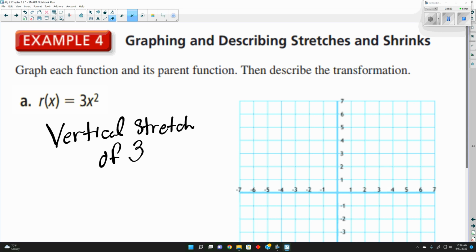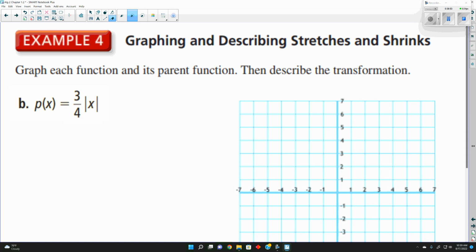Yep. It would tell us stretch or shrink. Right, because if it had said negative 3x squared, it would be a reflection across the x-axis and a vertical stretch of 3. So any questions on this here? Because I think y'all about got these down, yes?